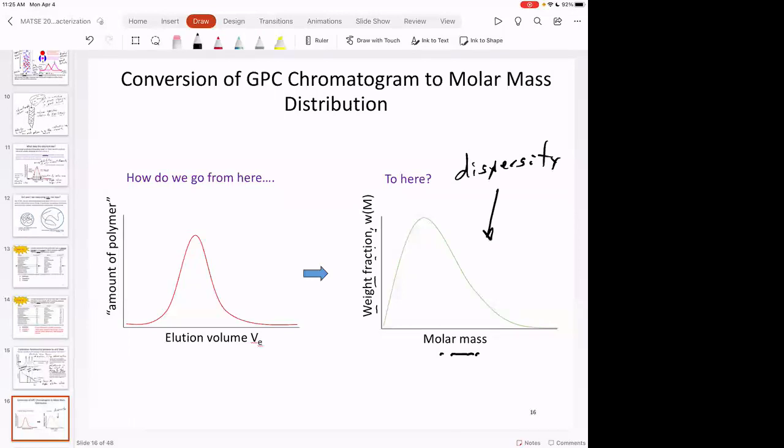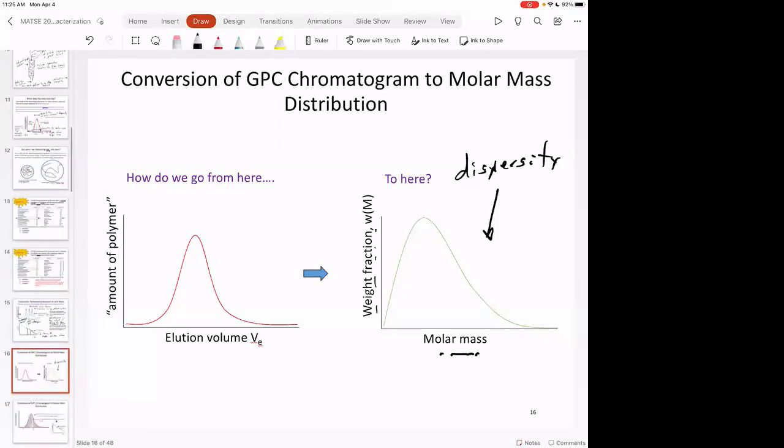And so if you go back to the molecular weight slides, when we talked about Mn, Mw, and dispersity, we looked at number fraction and weight fraction as a function of molar mass. And we were able to talk about what that distribution was, the first moment, second moment, dispersity, etc. So this is how we get one of those curves in the first place.